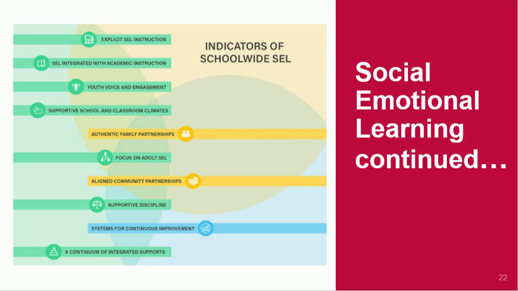Additionally, SEL is most effective when it is integrated with other proactive frameworks of support, including trauma-responsive practices and PBIS. ADE SEL competencies and equity elaborations are based on CASEL's 5 areas of competency and can help to guide your practices. They can be found at the link provided on this slide.